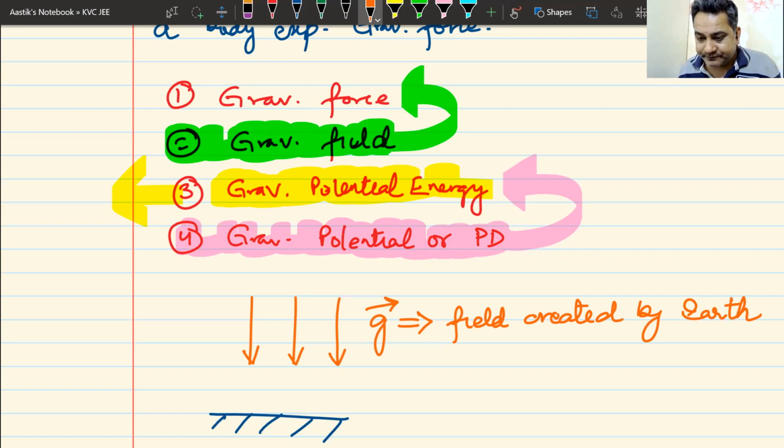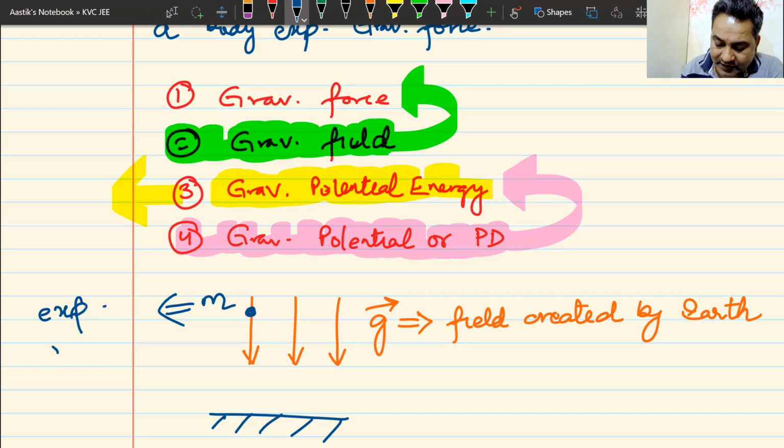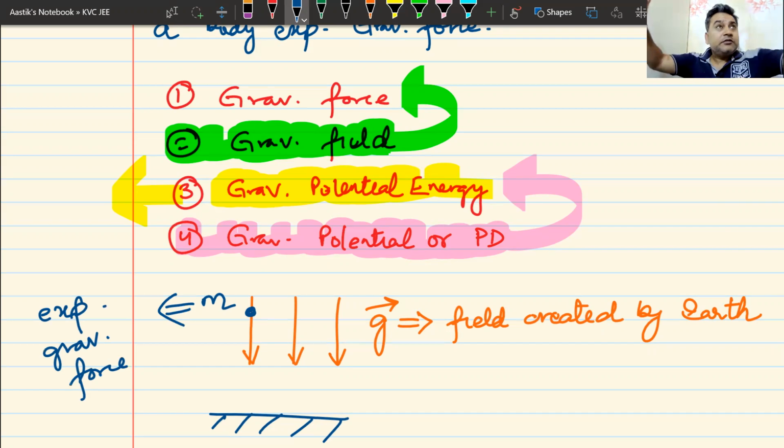Nothing else happens. But as soon as I put a block of mass m here, this block of mass m experiences gravitational force. Field creates force. Field is always there. I can see infinite points in this space. This space has a gravitational field.